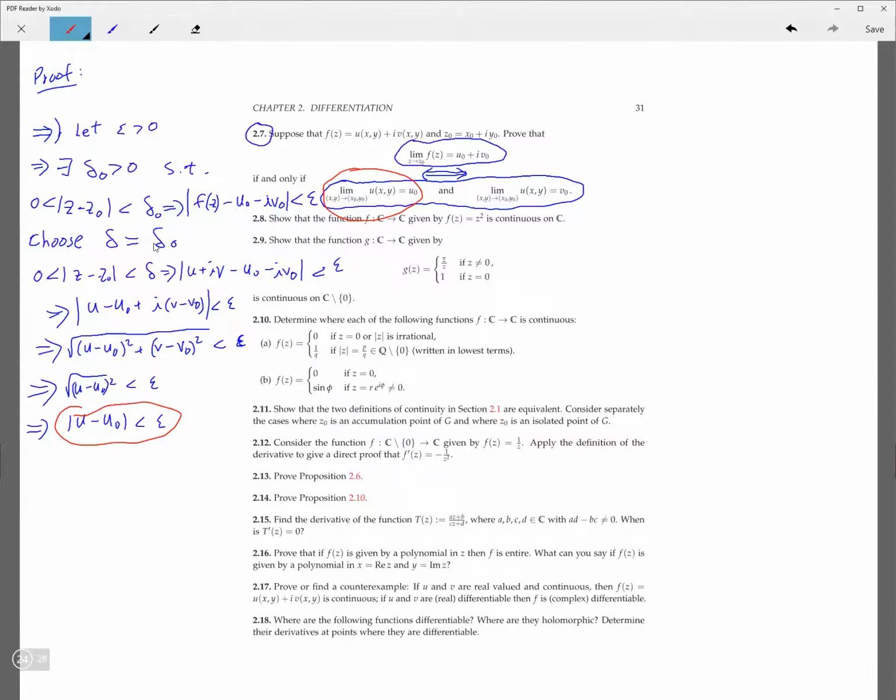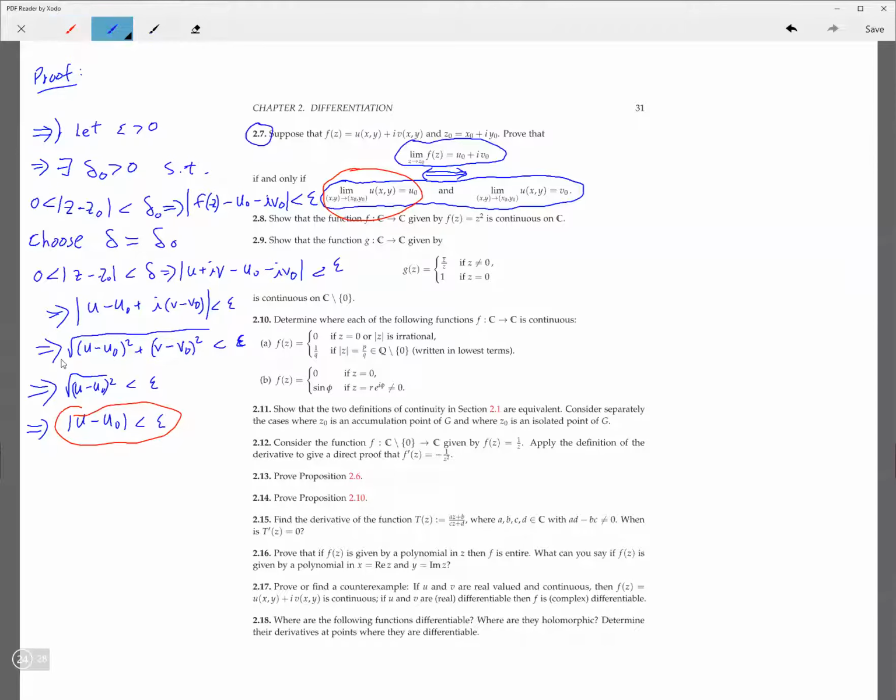Okay, so basically, I guess I should have said the strategy from the beginning, but the objective was to find a delta so that z minus z naught less than delta, or this, which is equivalent to this right here, implies that u minus u naught is less than epsilon. And we kind of got that, okay?